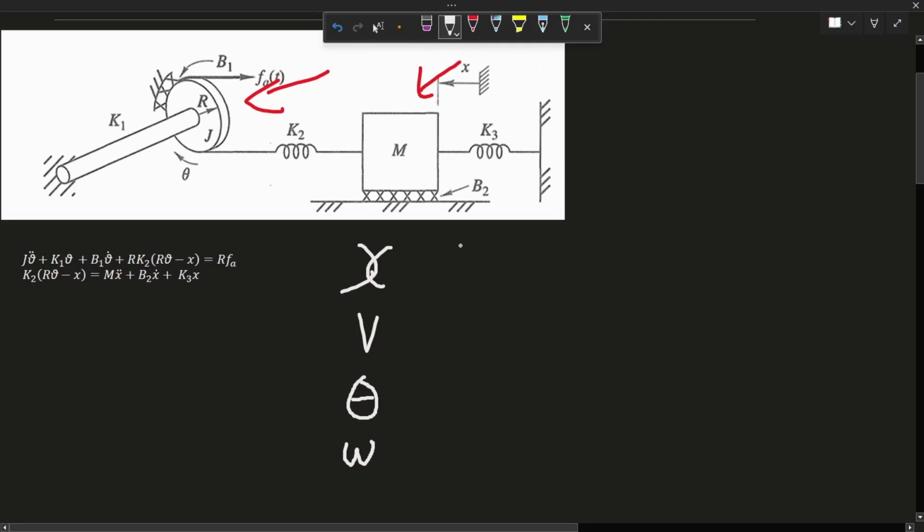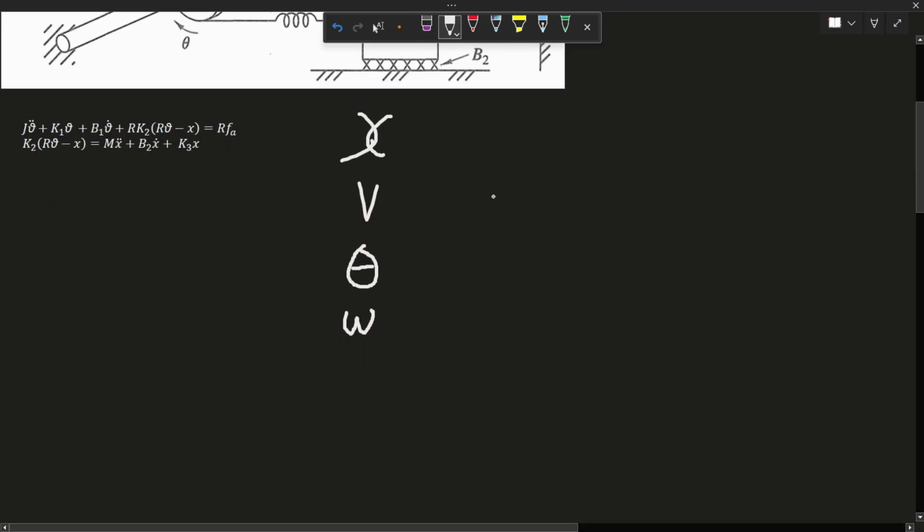Now, if a displacement is the input, they would write x of a as their input. You can't consider that as a state variable.